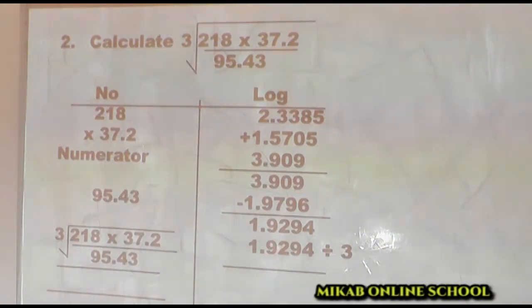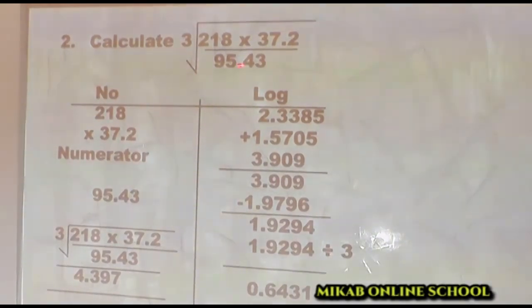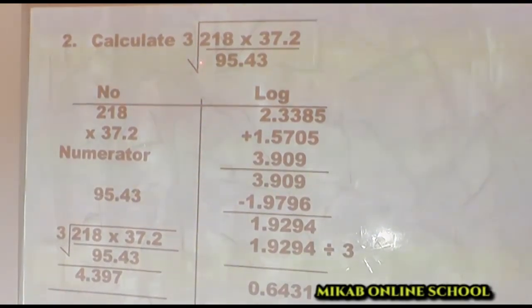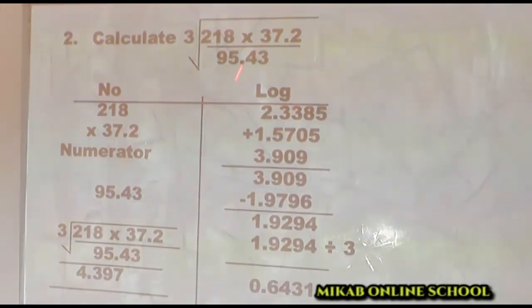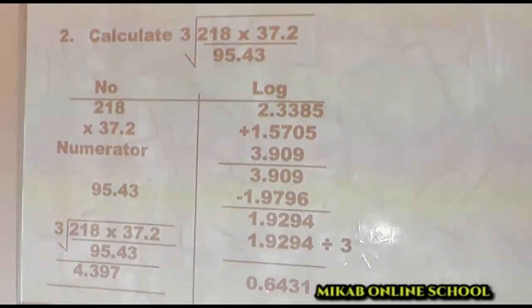So 1.9294 divided by 3 gives 0.6431. So this is the logarithm of the multiplication and the division, and then the cube root of the numbers we have.